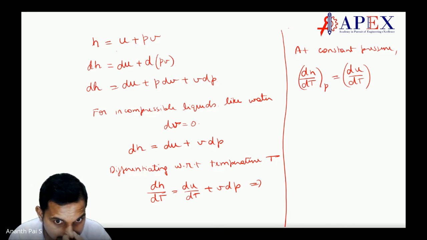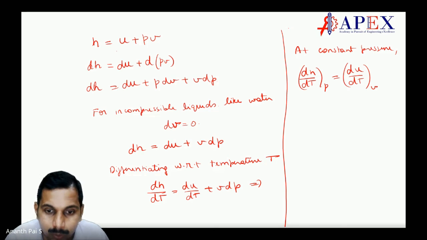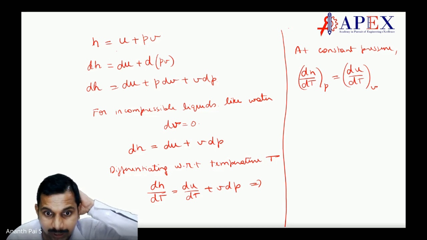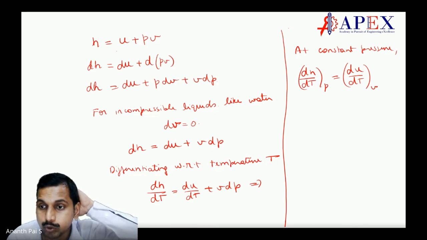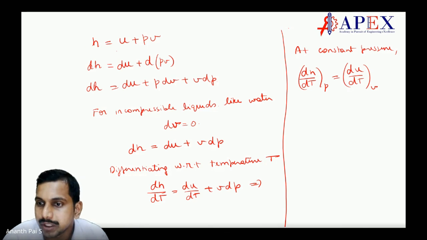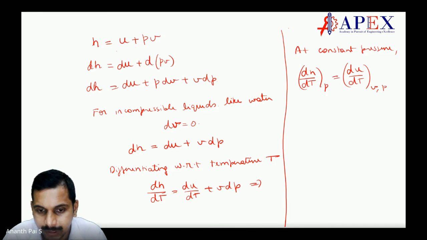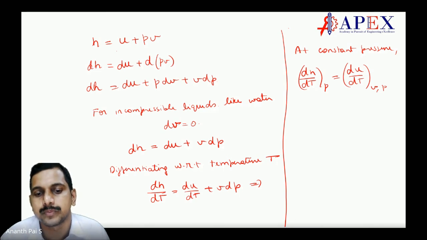Let us understand here. At constant volume we can write it. The reason constant volume comes is that dV is equal to 0, which means it is constant volume. So it can be constant pressure or constant volume, both, because the volume does not change.